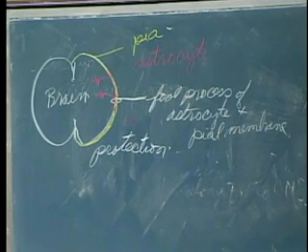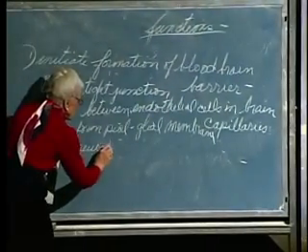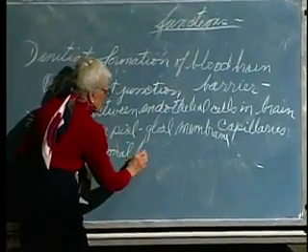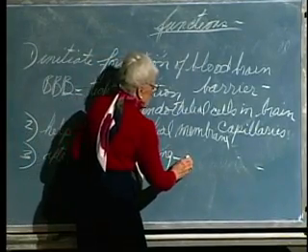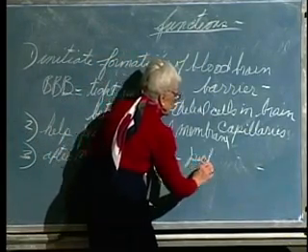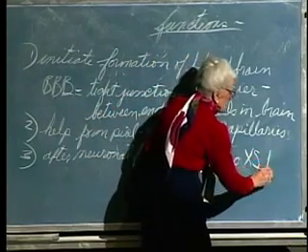Now, why else do we have astrocytes? Every time your nerves fire, they liberate potassium. After neuronal firing, the astrocyte picks up excess potassium.